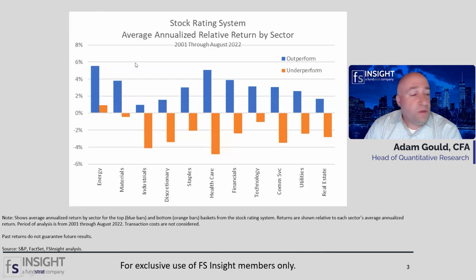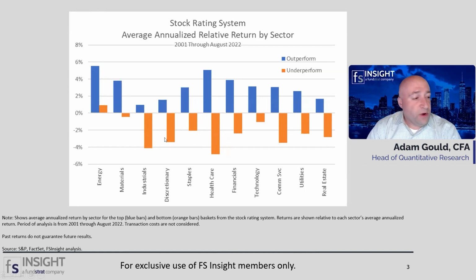For example, the blue bar labeled energy right here at the left shows the performance of the rating system's top rated stocks selected from the energy sector and how those top rated stocks have performed compared to the entire energy sector over time. And from the chart, we see that in each sector, the rating system's list of top rated stocks has outperformed the overall sector.